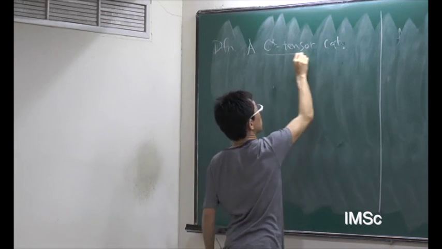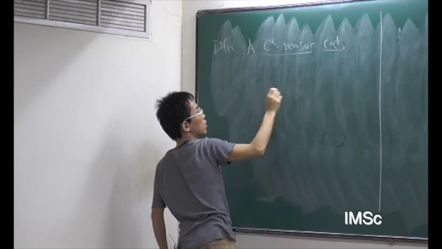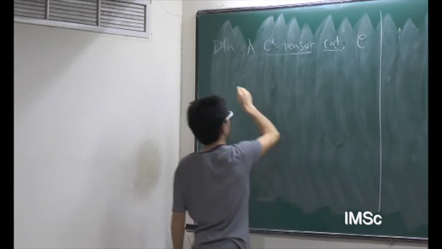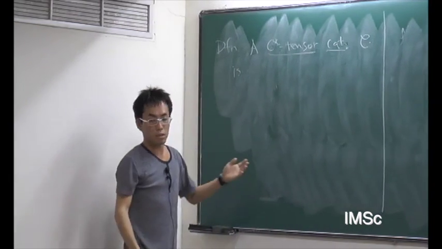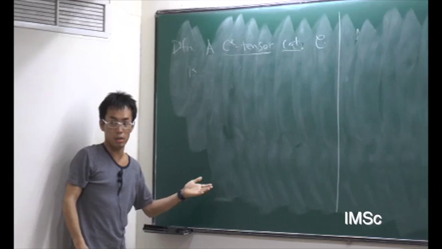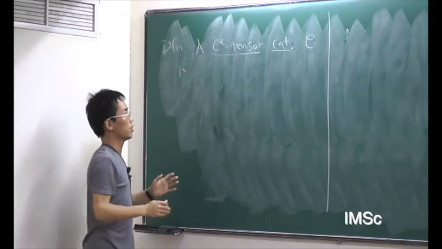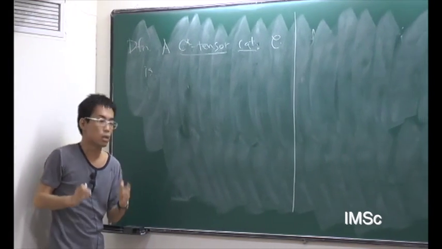A C-star tensor category, I'll call it C, is first of all a C-star category like this, and then you can take tensor product. That's a bifunctor.